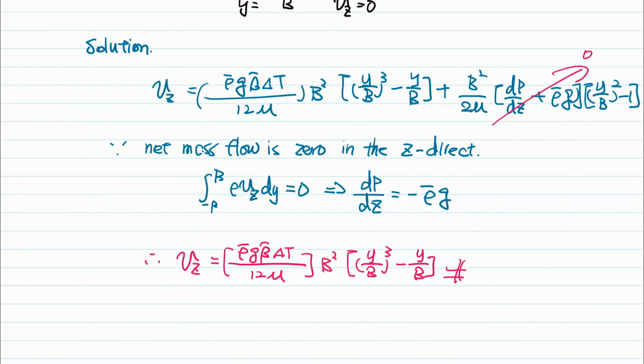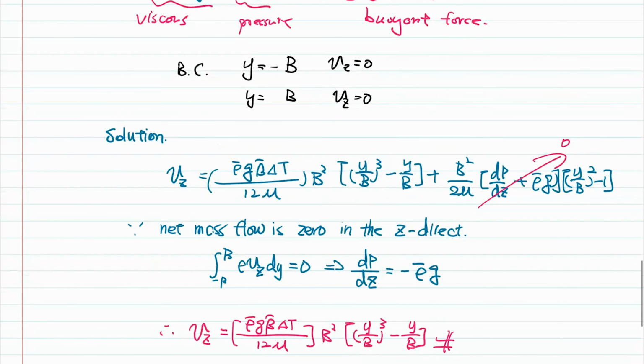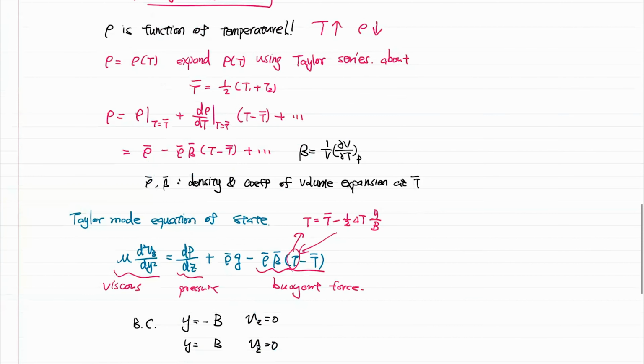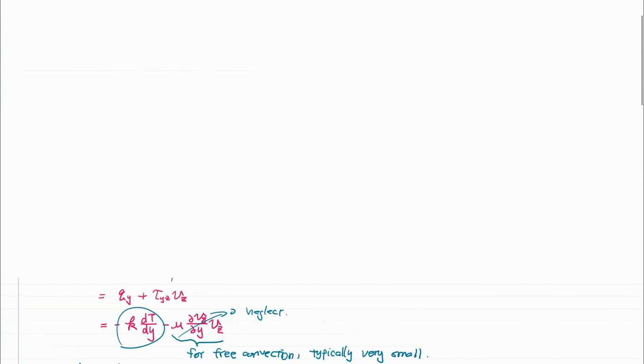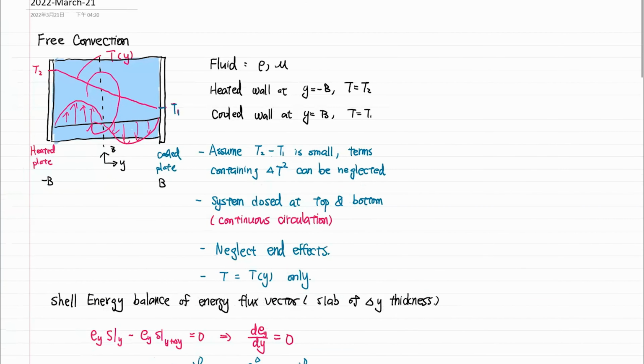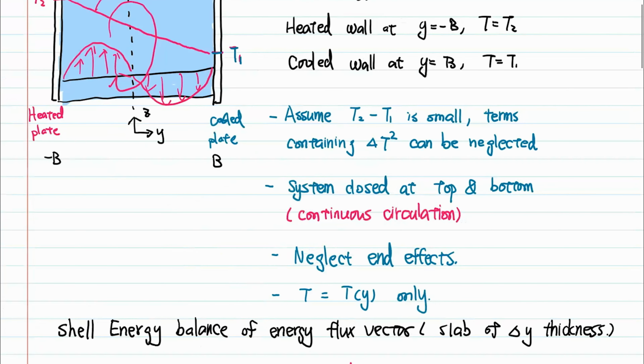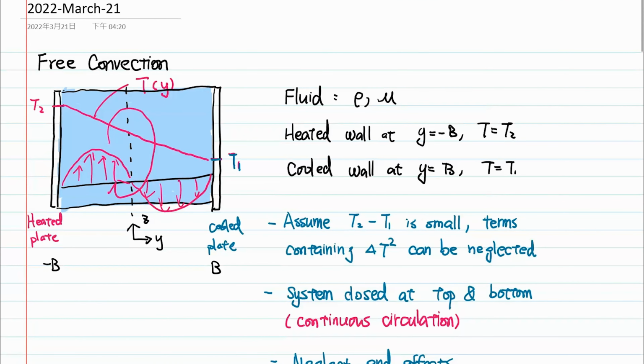Now, not going through the details of the math, but just in the spirit of our example here: for a free convection problem, typically we can assume that the flows are small, or the velocity is slow, so they typically don't affect the energy balance.